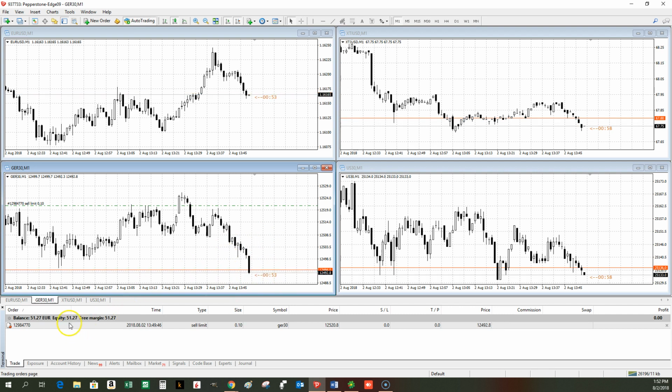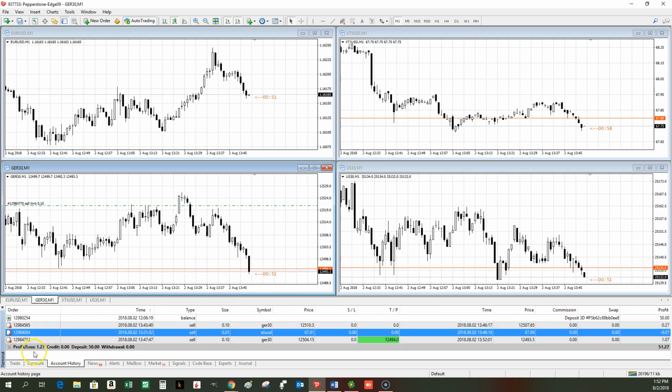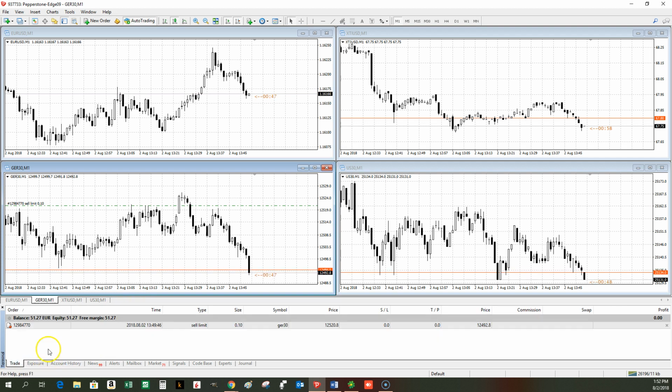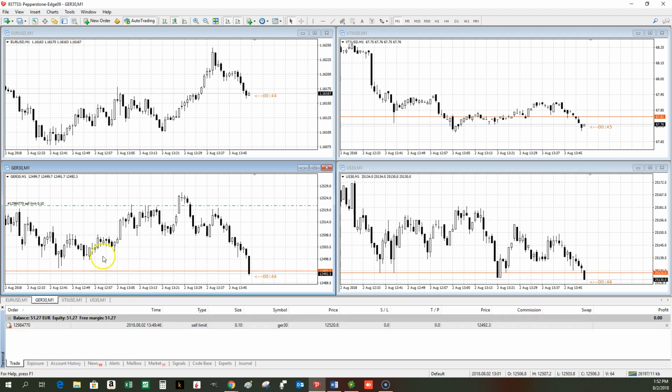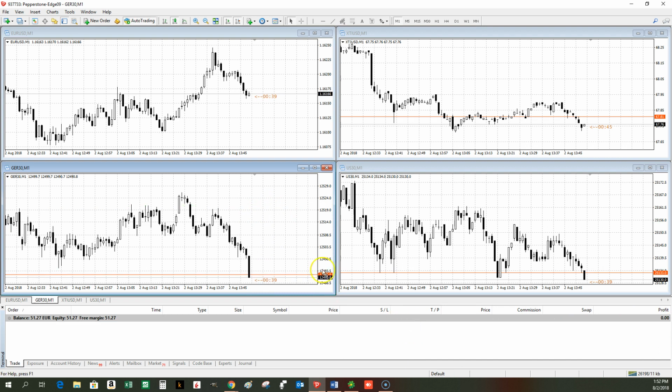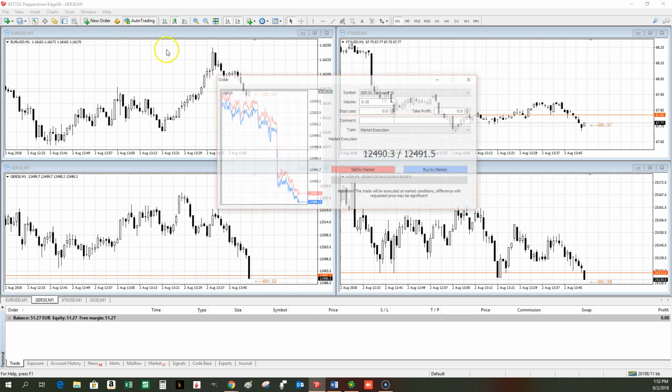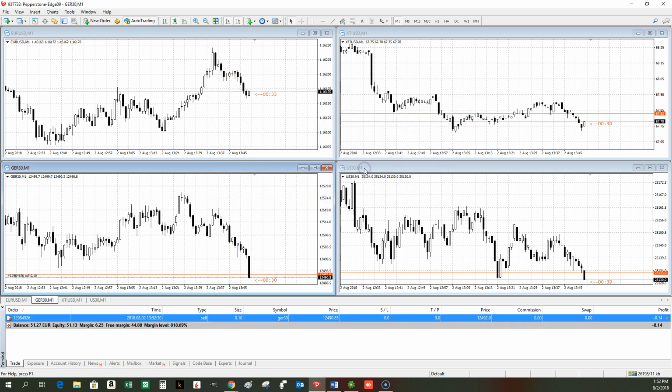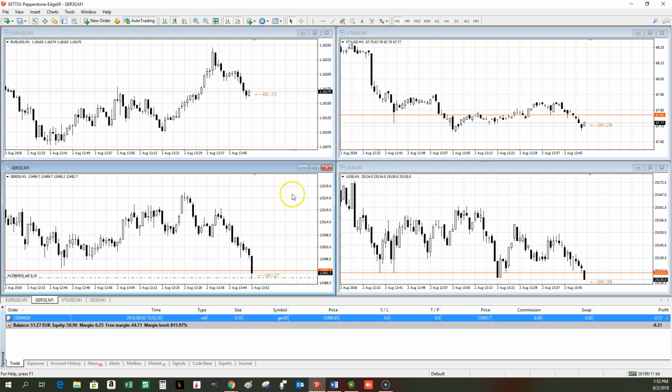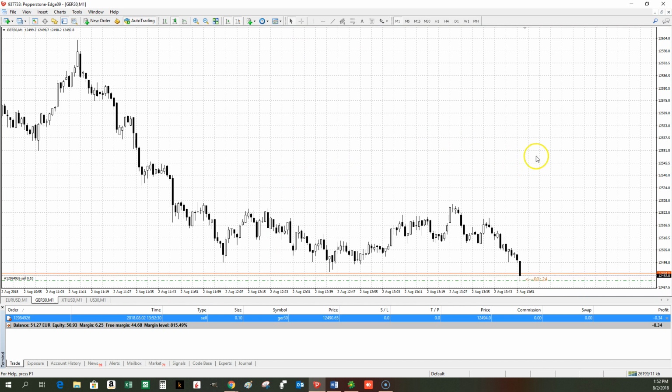As you can see, we have already 1.27 euro profit. So this position, this sell limit, I'm gonna close it. And we see that it's going down, so let's take another trade on Germany.